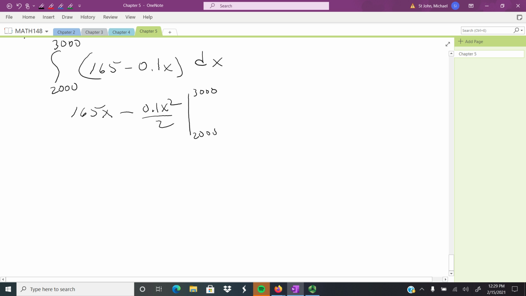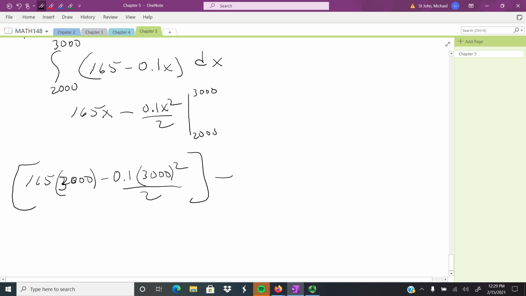So this will be 165 times 3,000 minus 0.1 times 3,000 squared over 2, minus 165 times 2,000 minus 0.1 times 2,000 squared over 2.